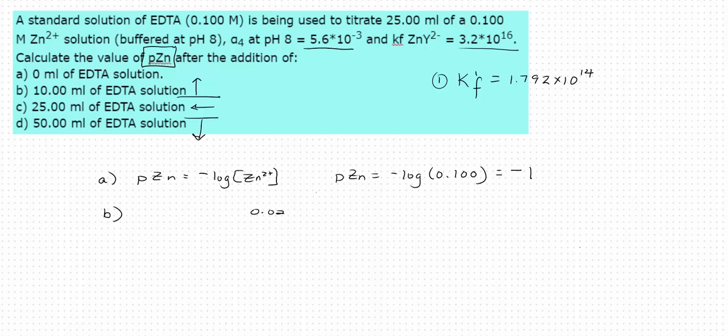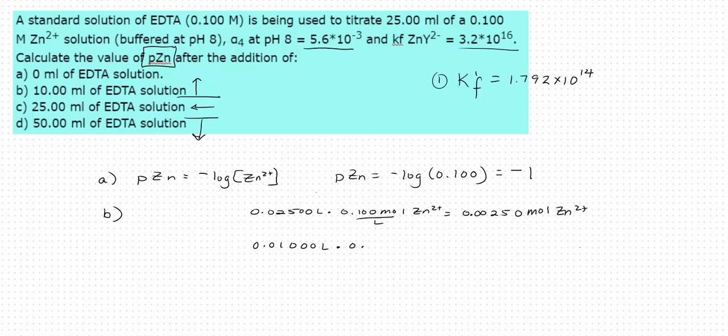So if I start with this many moles of zinc, I'm going to multiply my volume by my concentration. Then I'm starting with 0.0025 moles of zinc.